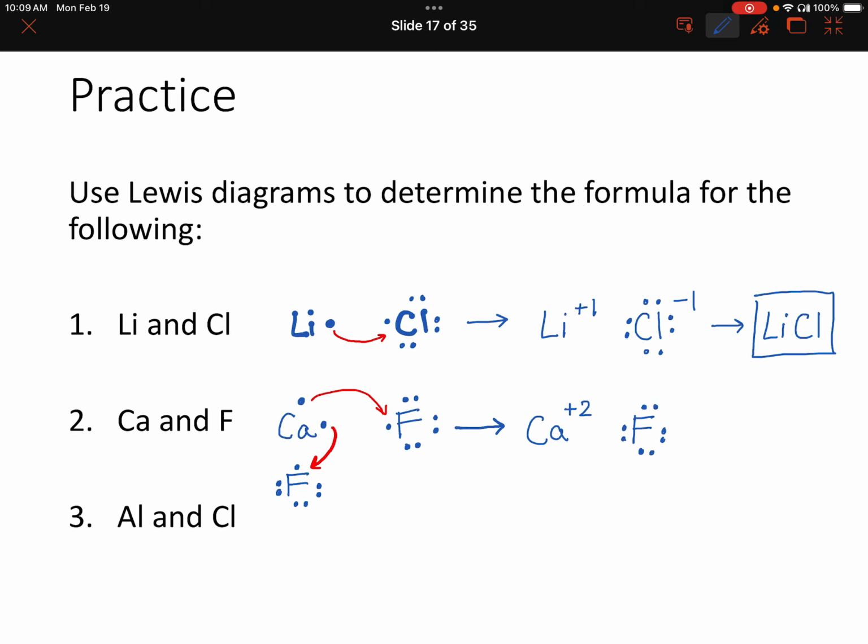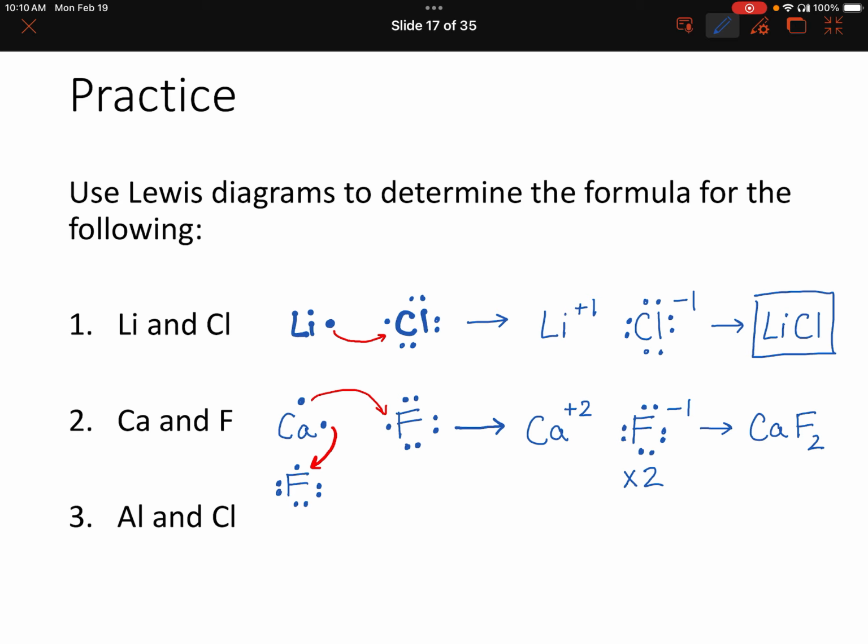So when it gains that 1 extra electron, or that extra negative, it's going to be a -1 ion. So that +2 and that -1 don't quite match. We need an extra -1. So we're just going to multiply the fluorine, or the fluoride ion, I should say, by 2. So our final formula will be CaF2.